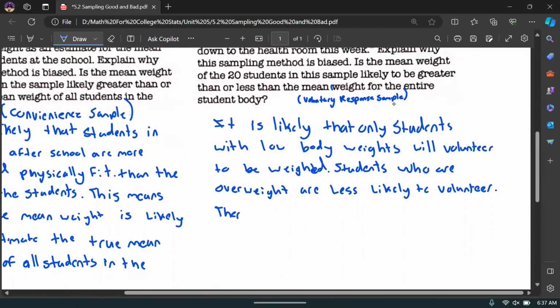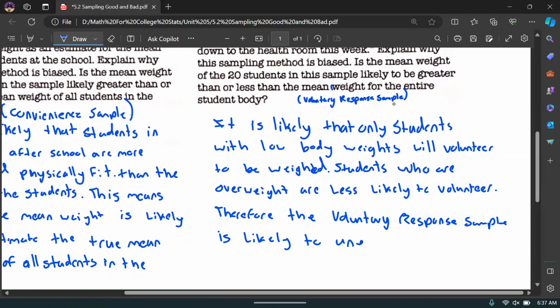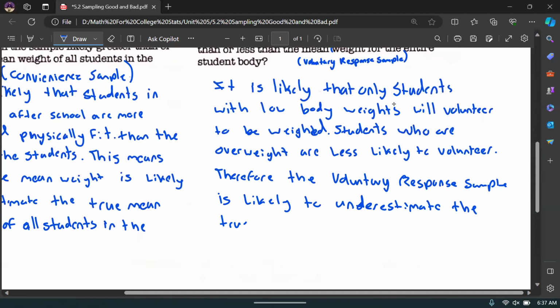So therefore, the voluntary response sample is likely to yet again underestimate the true mean weight for all students.